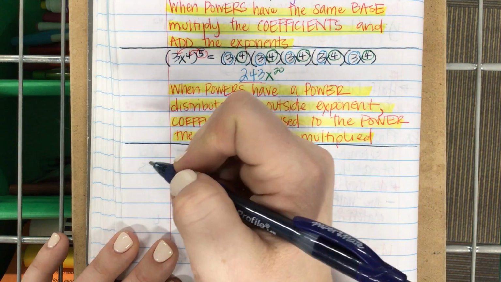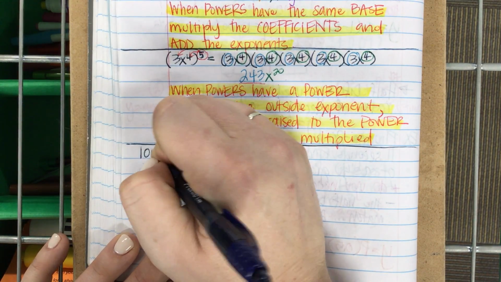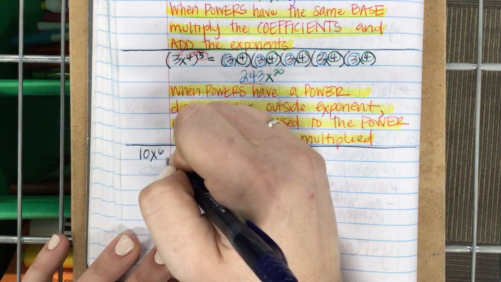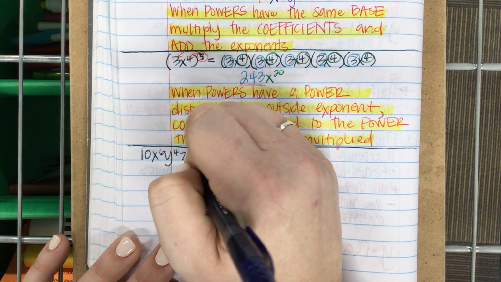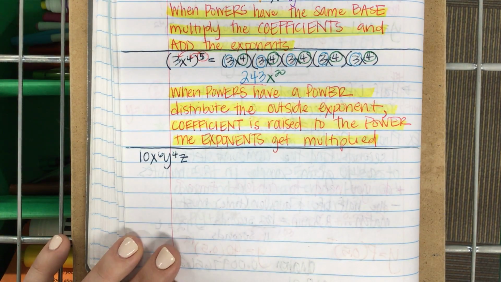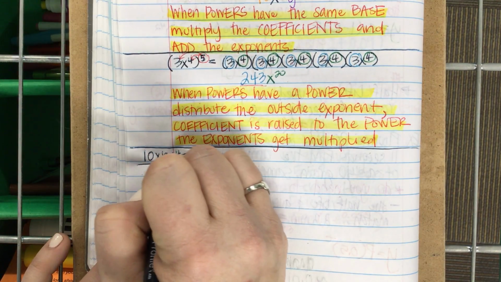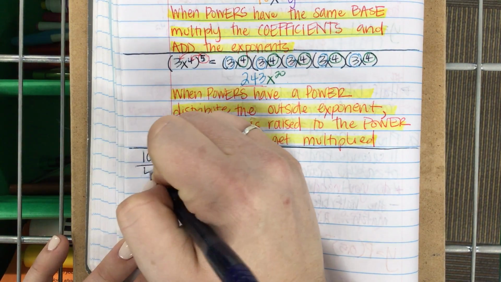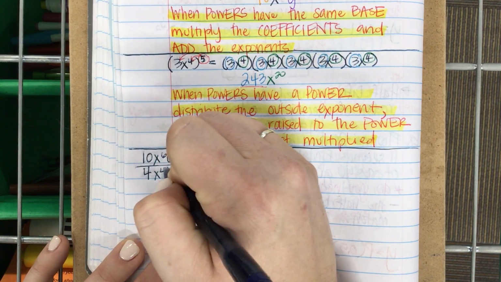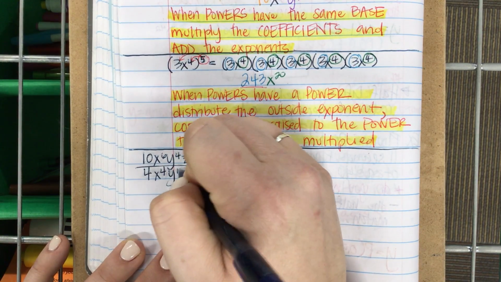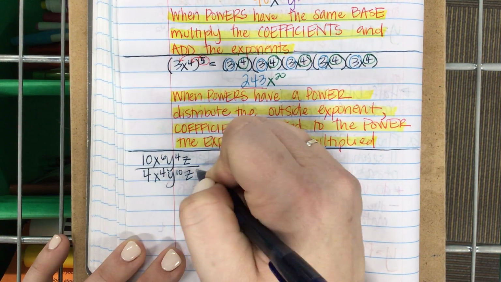All right, here's your next example. 10x to the 6th, y to the 4th, z, over 4x to the 4th, y to the 10th, z to the 3rd.